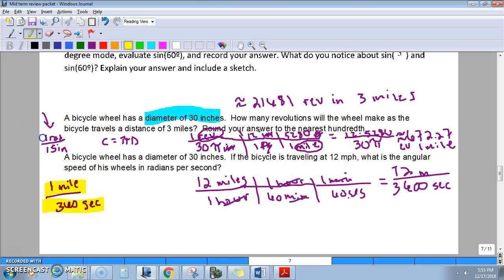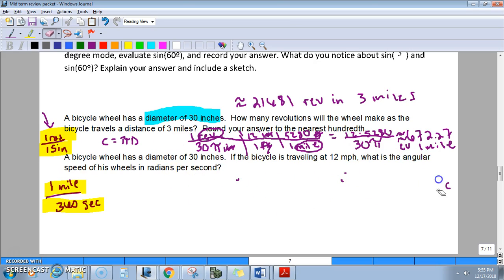And I already know that 1 radian is 15 inches. So I have radians and I have seconds, but I need to change my inches to miles, right? Because I want radians per second. So I have these 2 things I need to change.